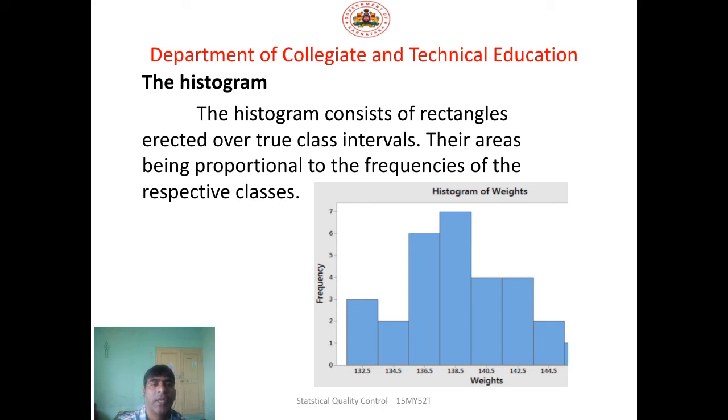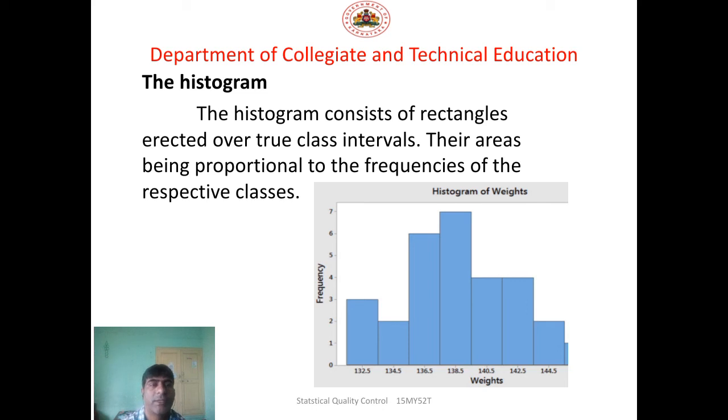You can see a rectangular block drawn with a frequency of 3. The next class interval is from 132.5 up to 134.5, that is the class width, and the frequency of that is 2. You can see the second rectangle showing a frequency up to 2.